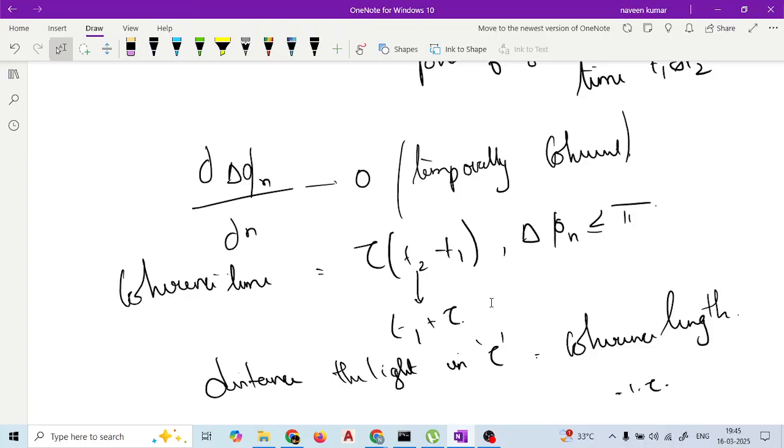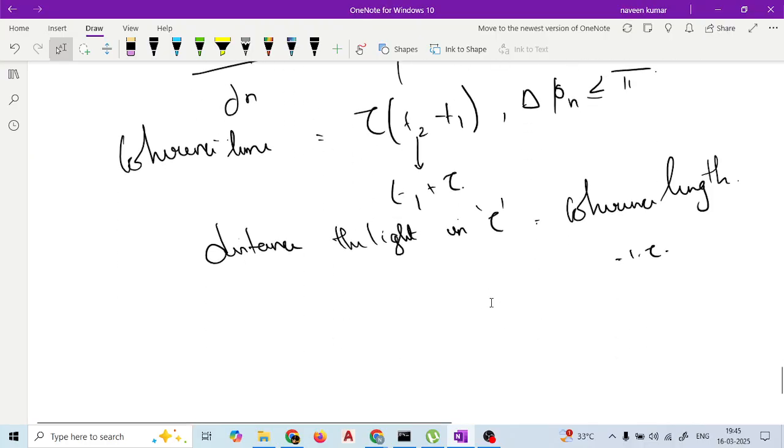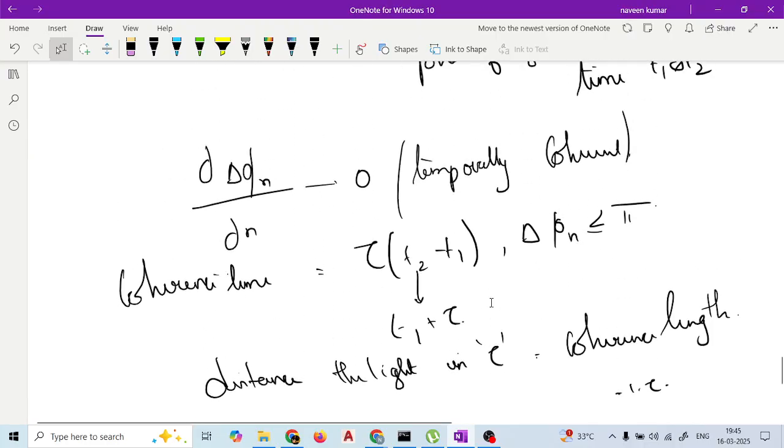We are going to measure this phi n and see what exactly is happening with it. As an extended light source, if we achieve it, then we say that the light is completely temporally coherent, where delta phi is less than or equal to about pi.